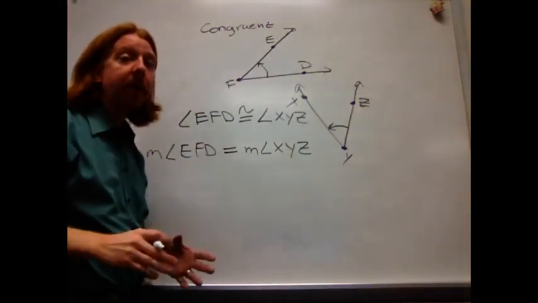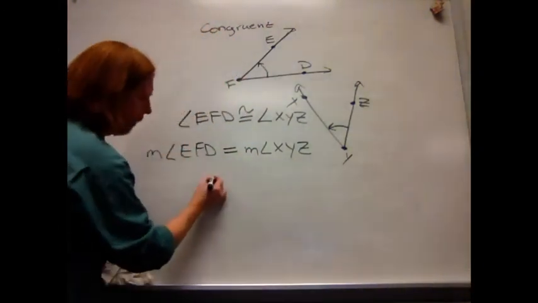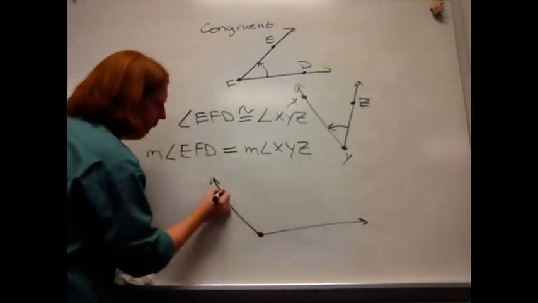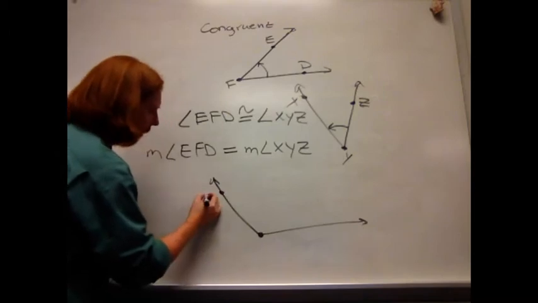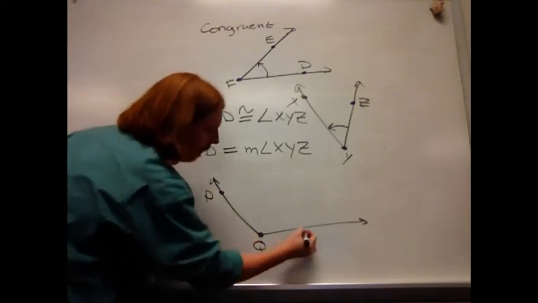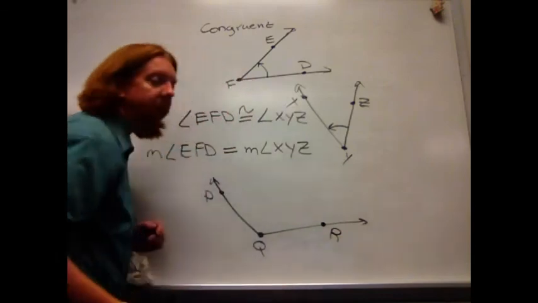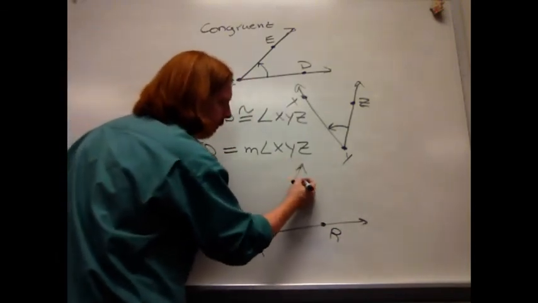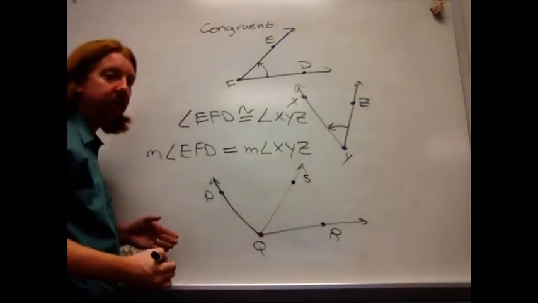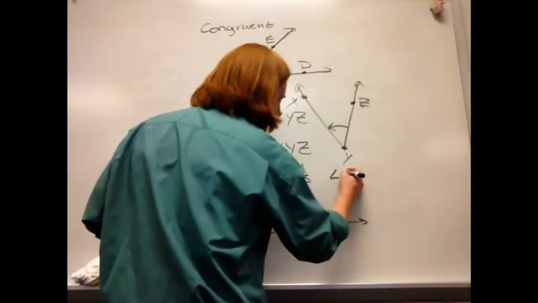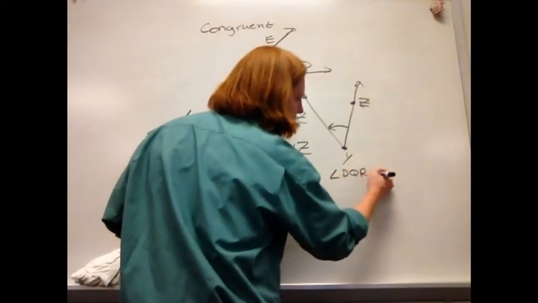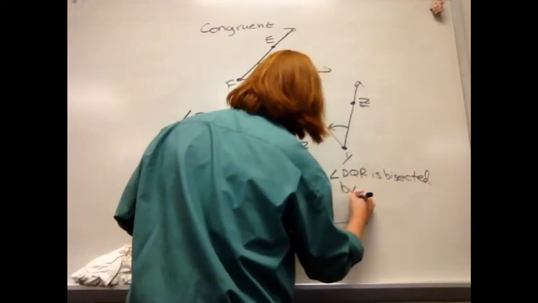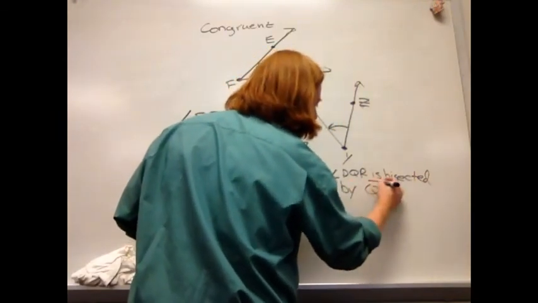Now, when I talk about an angle bisector, here is an obtuse angle. We'll call it PQR. If I bisect the angle by drawing the ray QS, so here I have angle PQR is bisected by QS.